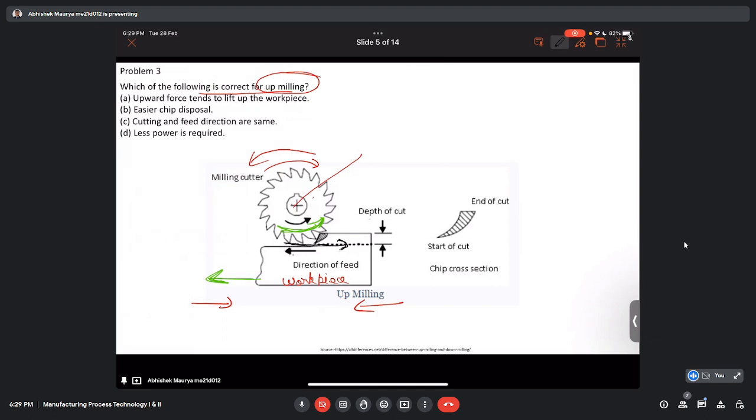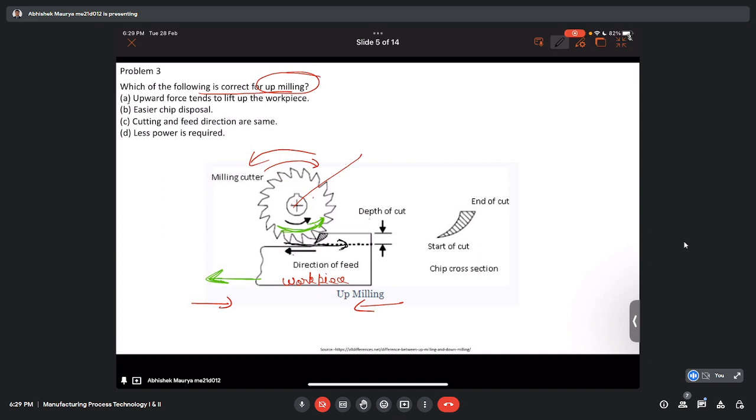Here both the direction of the cutting motion and the direction of the feed motion are totally 180 degrees opposite, because of which, let's see the options.